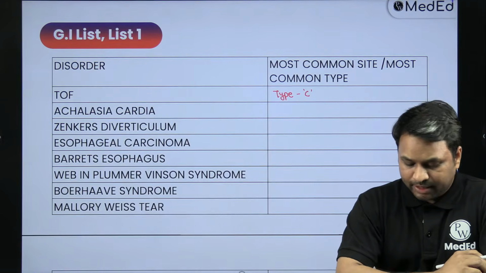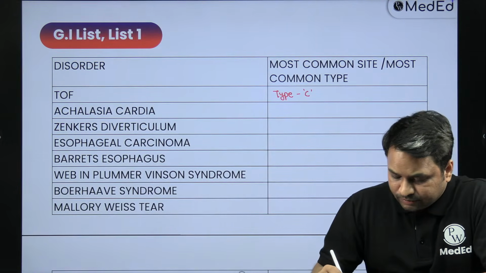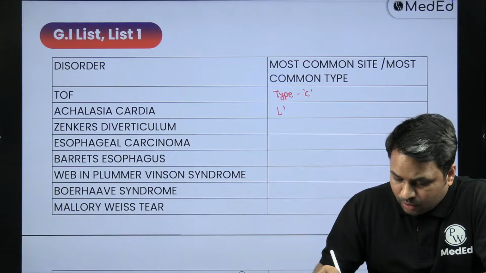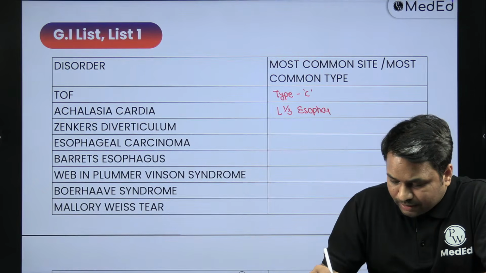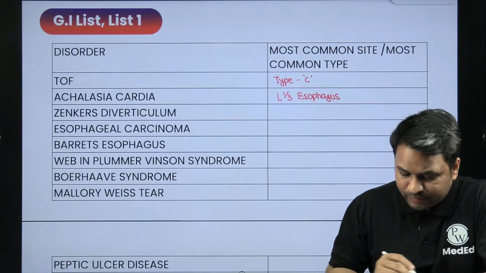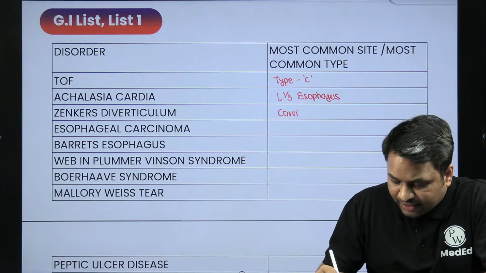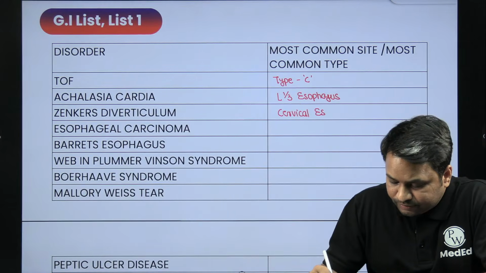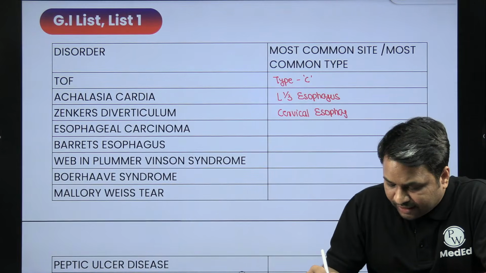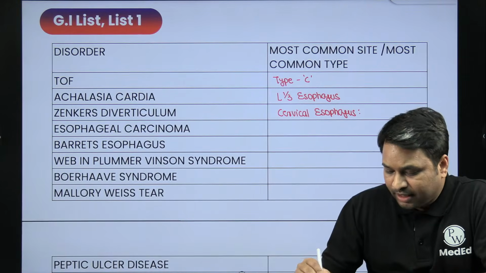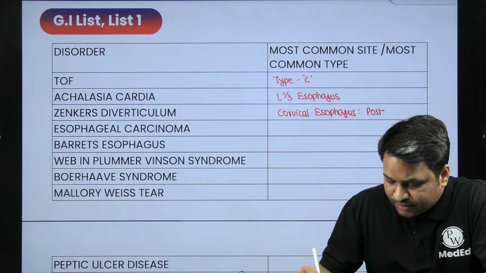Achalasia cardia, it is the lower 1/3 of the esophagus. Zenker's diverticulum is going to be in the cervical esophagus, and that too on the posterior surface.